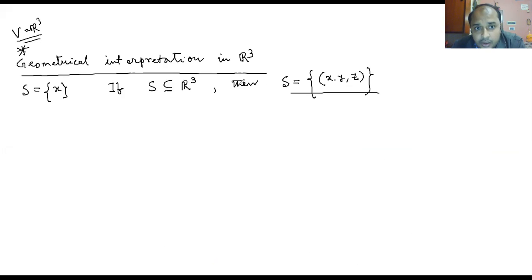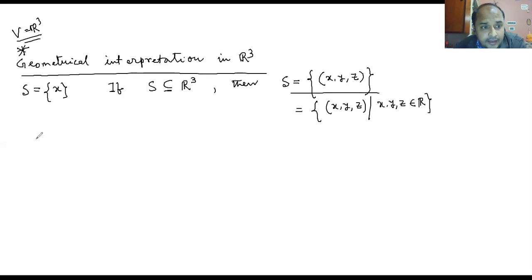And if I am considering S, and we know that S is a subset of R3, so the member of S, this vector, will be an ordered triplet of this form. Or you can say in a more general way that it is the vector XYZ, where X, Y, Z are real numbers.